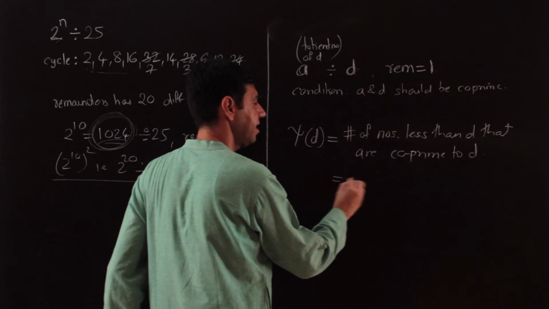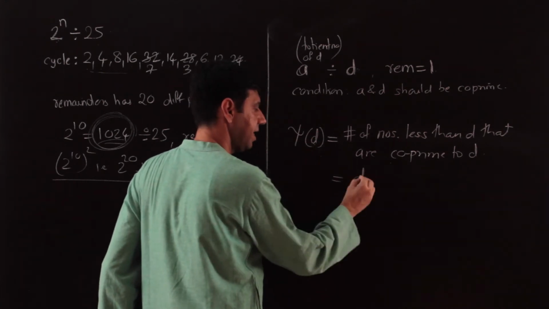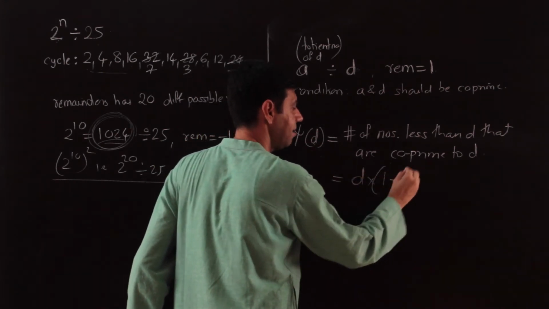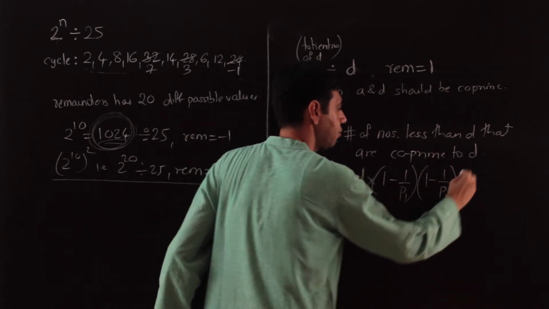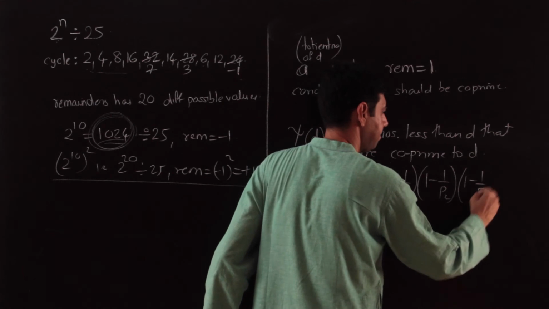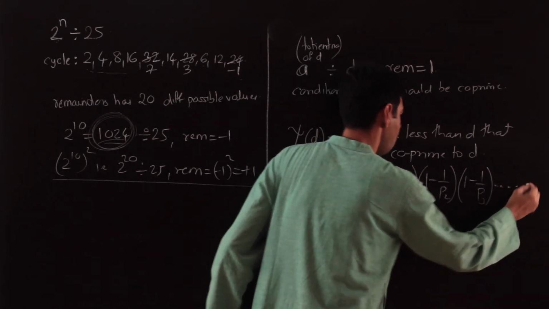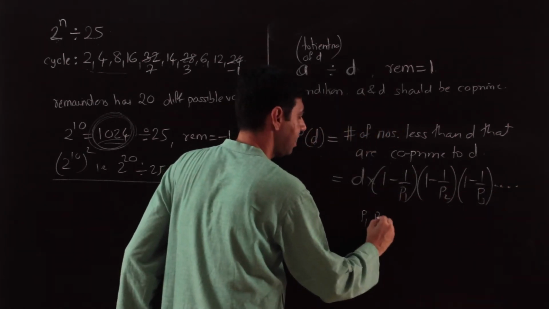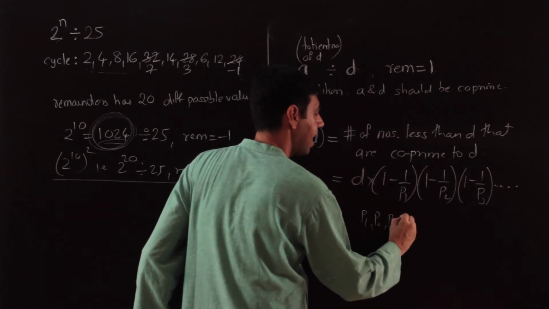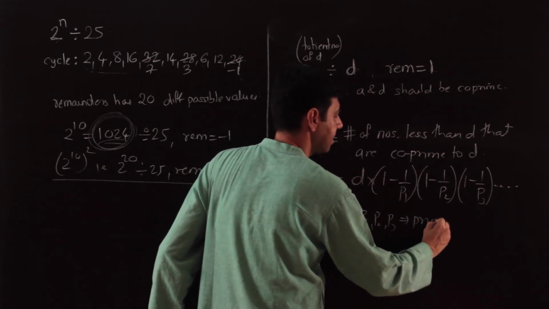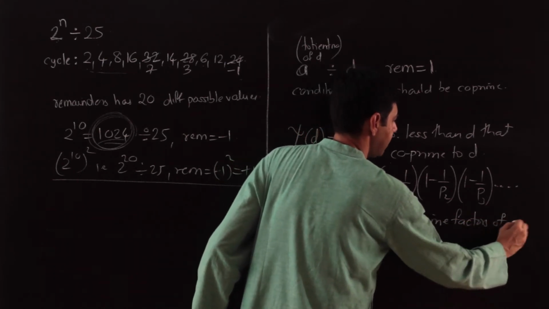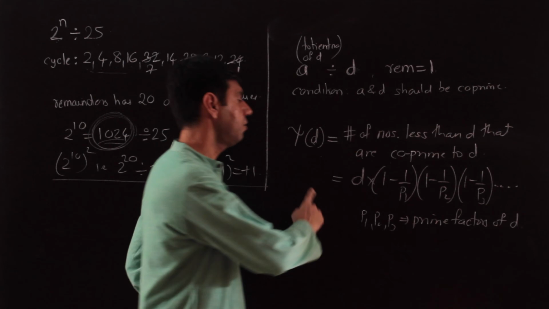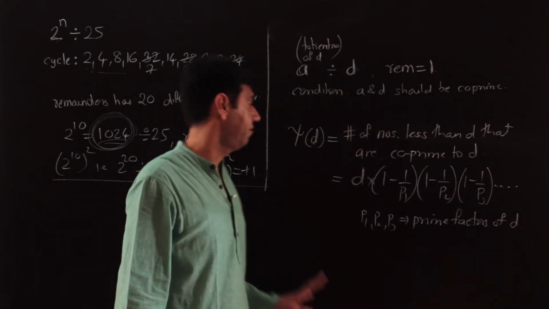Okay, and how do we find this? You take that number d itself, you multiply it with 1 minus 1 by p1, 1 minus 1 by p2, 1 minus 1 by p3, and so on, where p1, p2, p3 are the prime factors of d. Now I'm not going to explain this formula, or else we are going to go very far away.